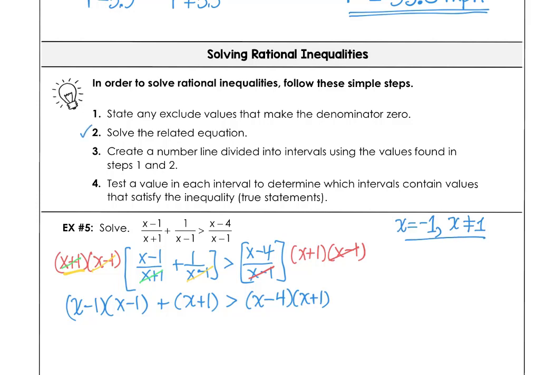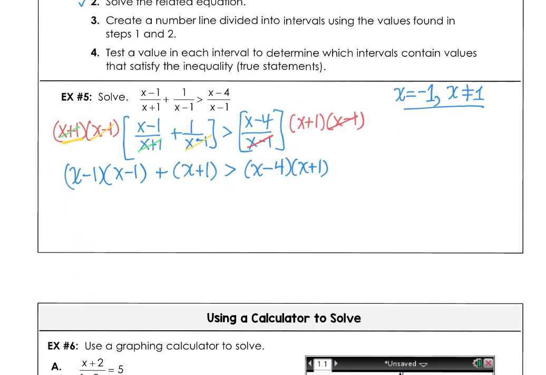Now we're solving the related equation, and we need to distribute. So we're going to end up with x squared minus 2x plus 1 plus x plus 1, and the right side will be x squared minus 3x minus 4. So putting all this together, the x squareds eliminate from both sides.